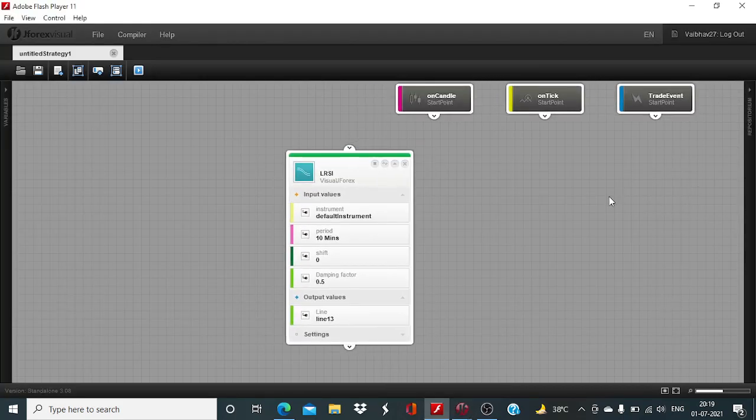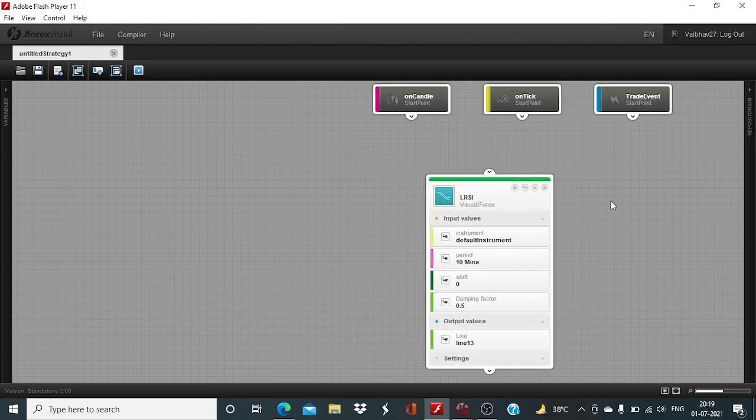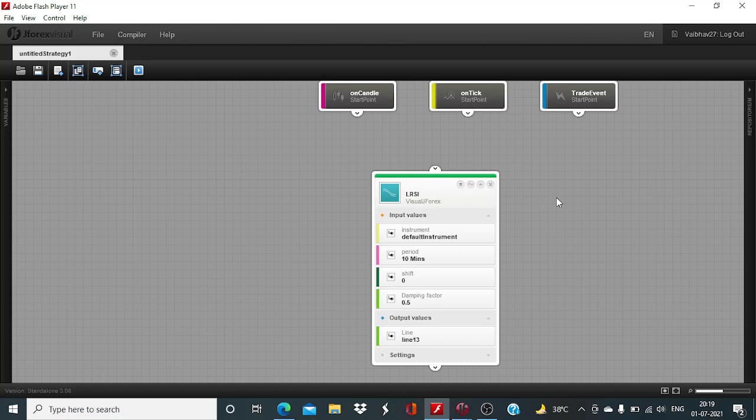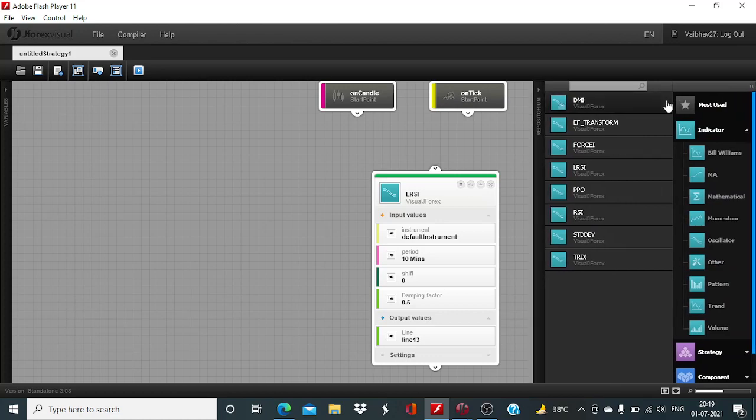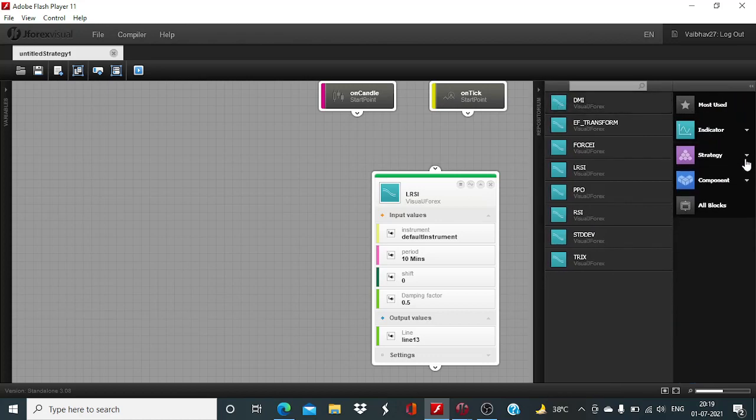Now we head back to the Visual JForex board, and here we will have to start with the instrument subscription first. After that, we will take the blocks which need to be put in place for defining and designing this algorithm. So let us start with the first thing, which is to get the instrument subscription done.